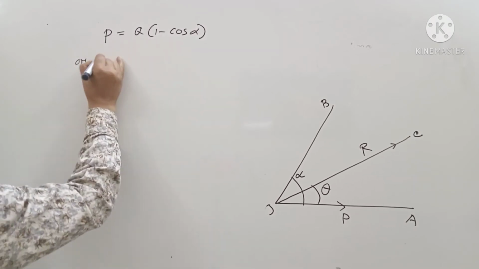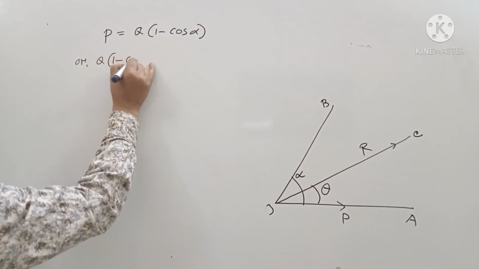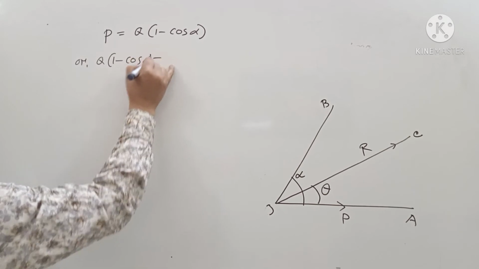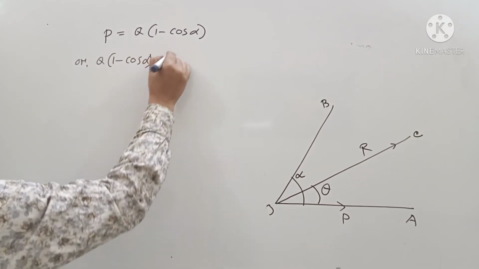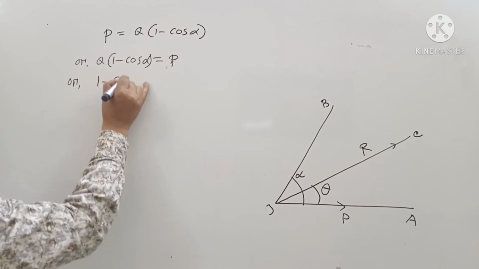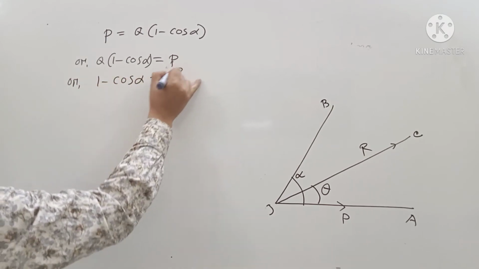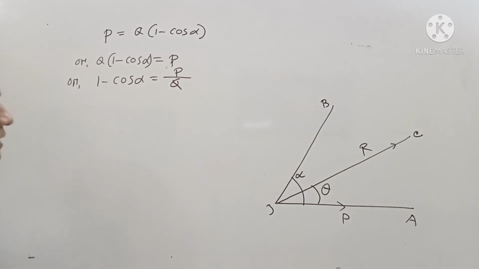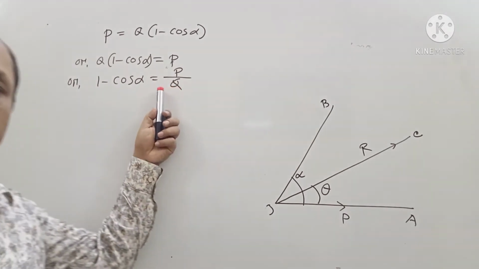Interchanging left and right, Q into 1 minus cos alpha equals P, or 1 minus cos alpha equals P by Q.